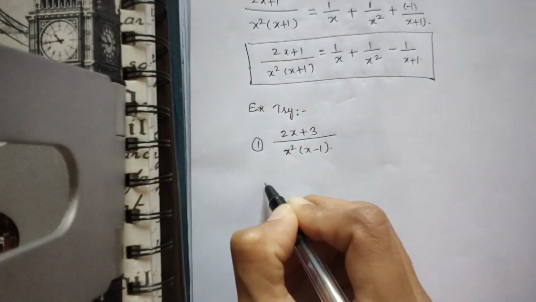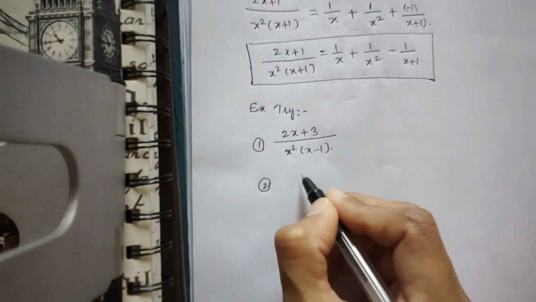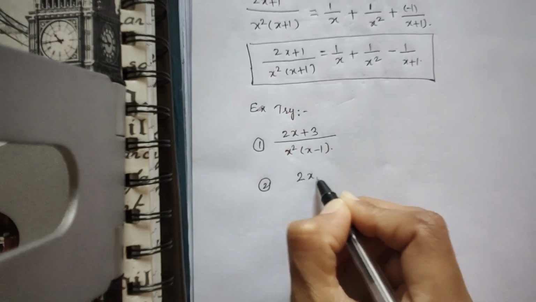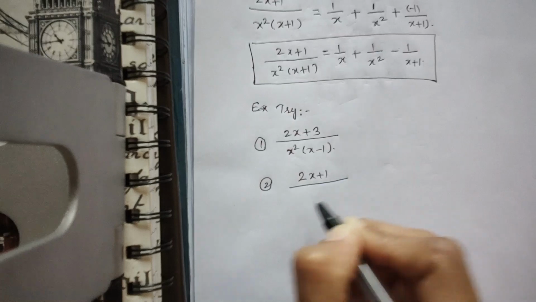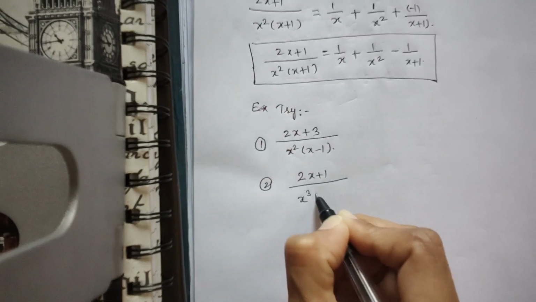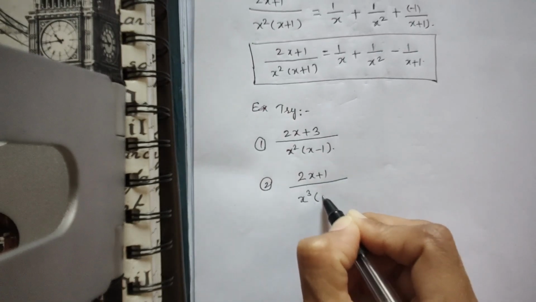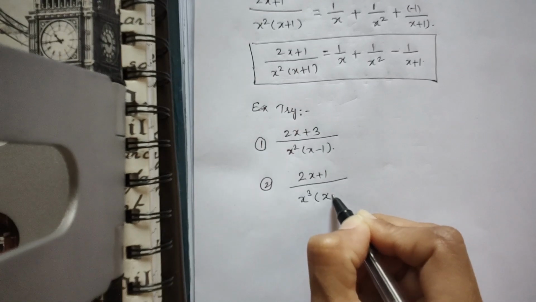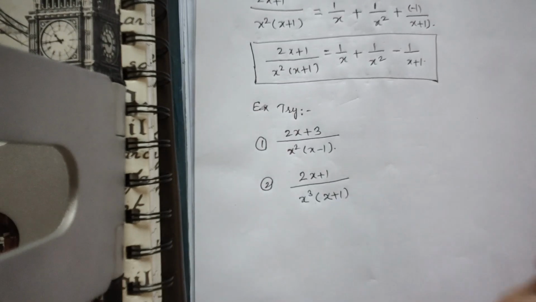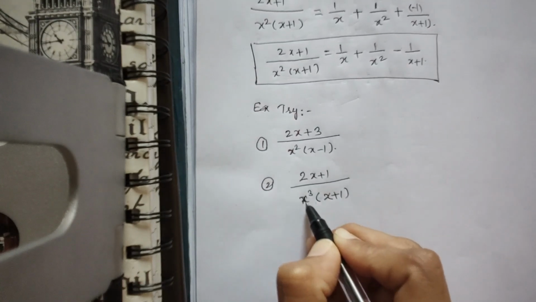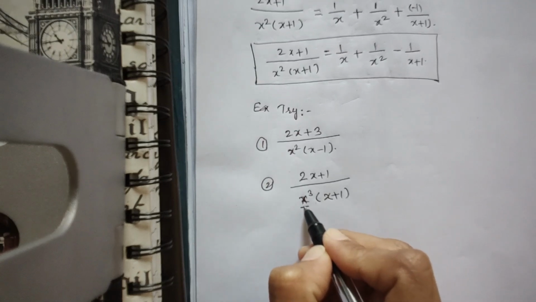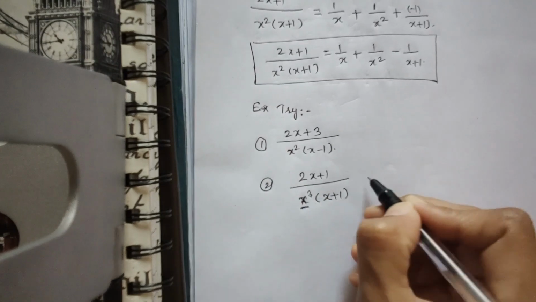One more example I am giving you: 2x plus 1 upon x cube into x plus 1. Now I am giving you the hint that this is a repeated linear factor, so you need to find constants.